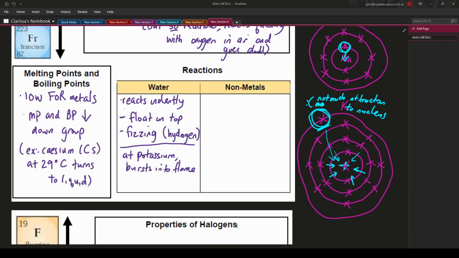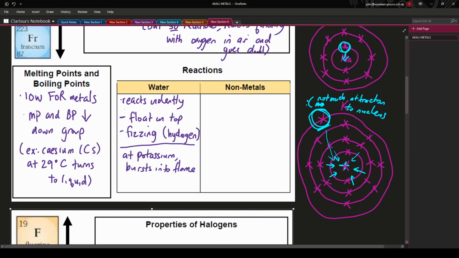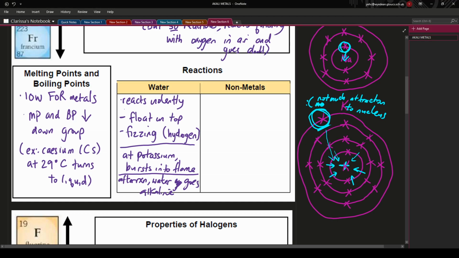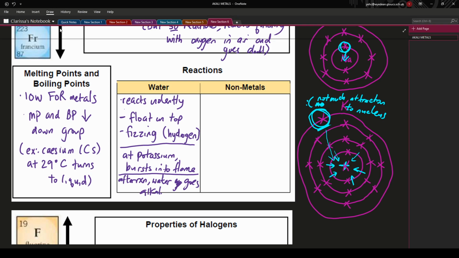Oh, I should also say, after the reaction, the water goes alkaline. Oh, I shouldn't say water goes alkaline. The solution goes alkaline. Let's draw that.